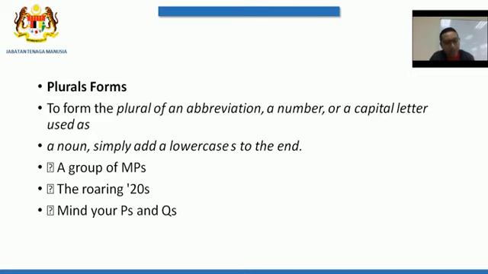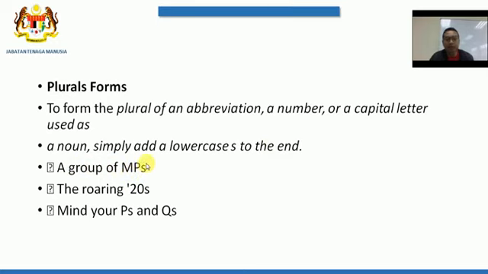Next slide. Plural forms. To form the plural of an abbreviation, a number or a capital letter used as a noun, simply add a lowercase s to the end. For instance, a group of MPs. MP means military police.